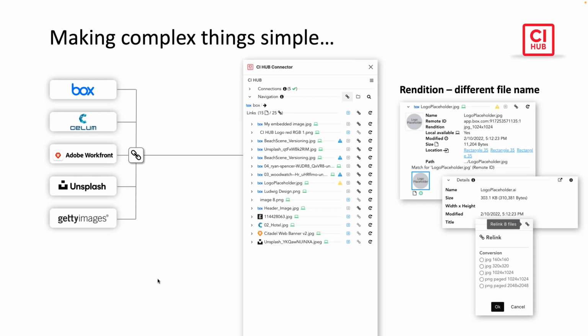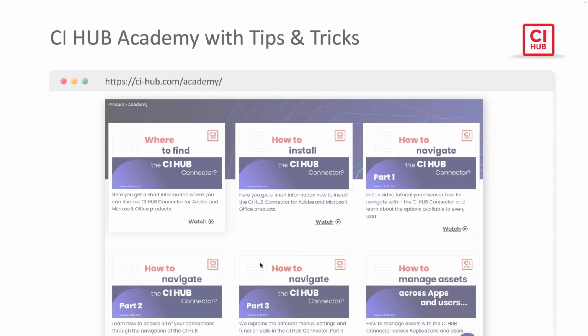If it's a JPEG or a PNG, but the original file was an AI file, you can switch between them and say, okay, I need a PNG, which works with transparency, or a JPEG is okay for me if you don't need transparency, and so on. And you can always see if an asset has been placed more than once. You see every place where it has been located with a deep link. Just click on it and you'll find it in your project.